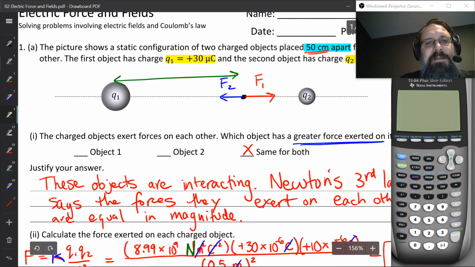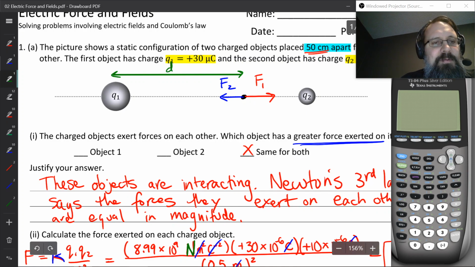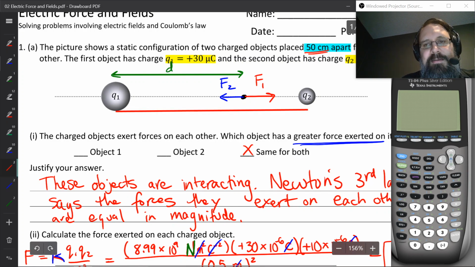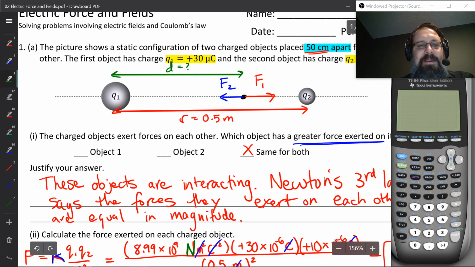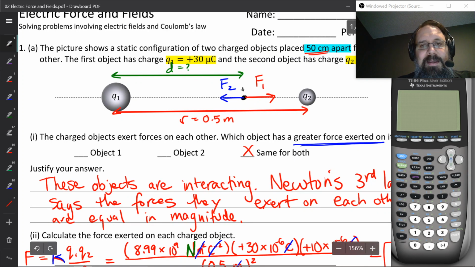So I'm going to call this, let me use a straight line tool. We'll call that distance from Q1 to there D, because we've already been using this other distance as R. So we want to figure out where we need to stick our positive test charge so that there's no force on it.